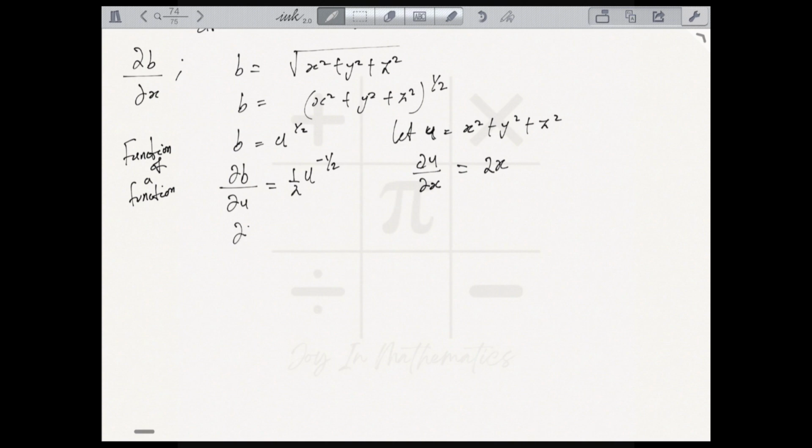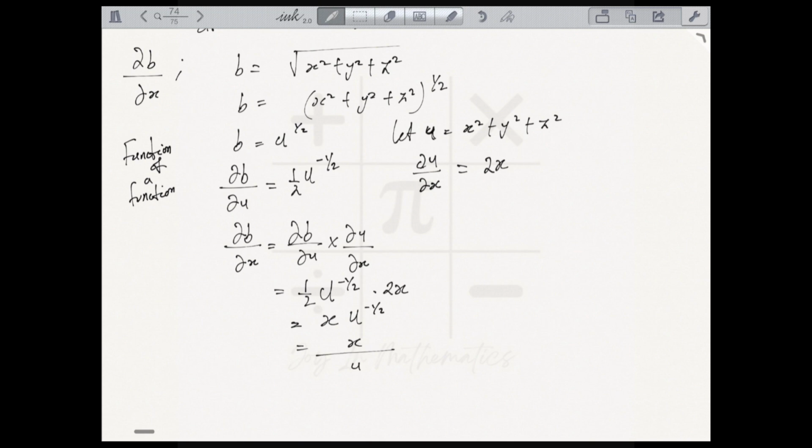Therefore, the partial derivative of b with respect to x will be db/du multiplied by du/dx, and that is 1 over 2 u raised to power minus half multiplied by 2x, and this will give us x u raised to power minus half, which is similar to x divided by u raised to power half.